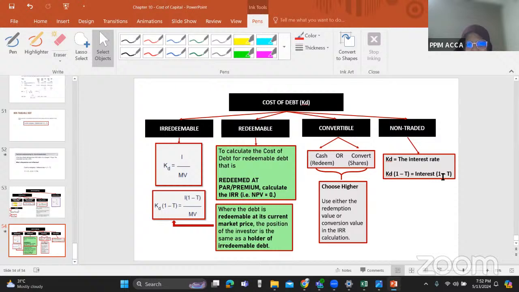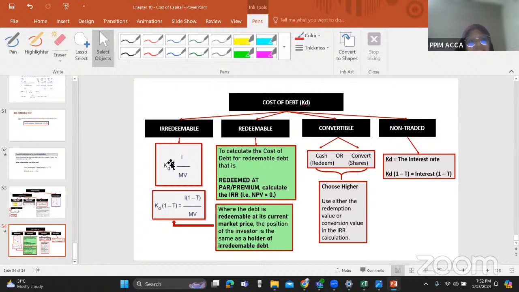That's also easy, right? But if it is an irredeemable debt, a redeemable debt, or a convertible debt, then the calculations change. Irredeemable means once the company issues that debt, they will keep on paying the interest, but they won't pay back the principal.